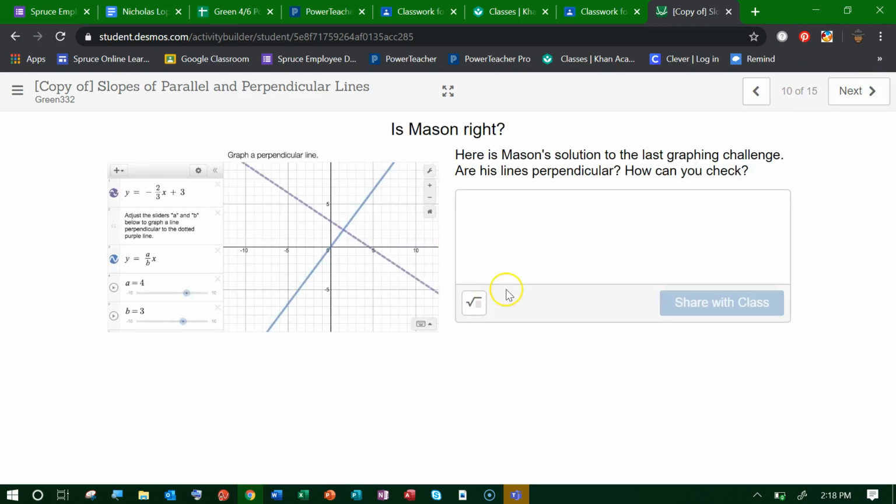So here's this line. Oh, his line's perpendicular? No, they're not.